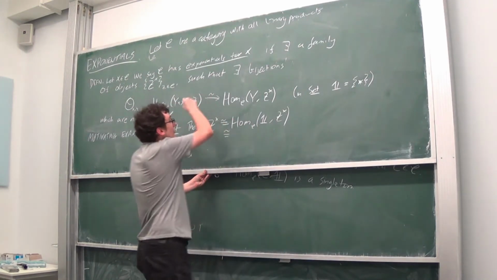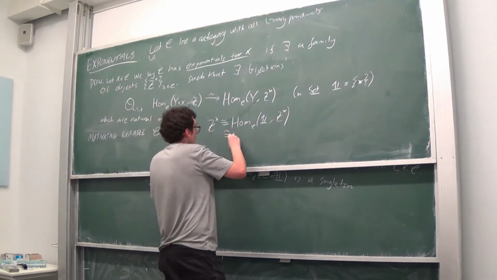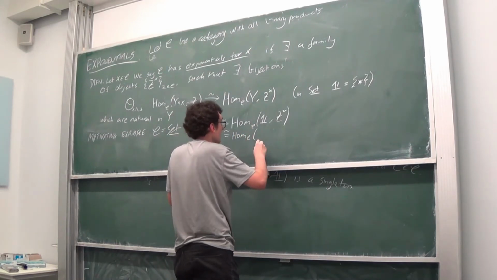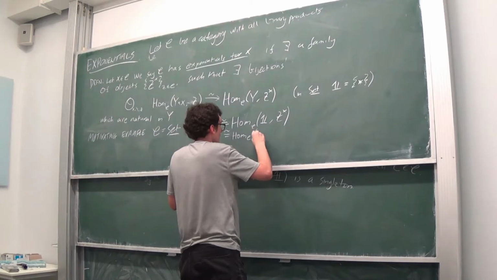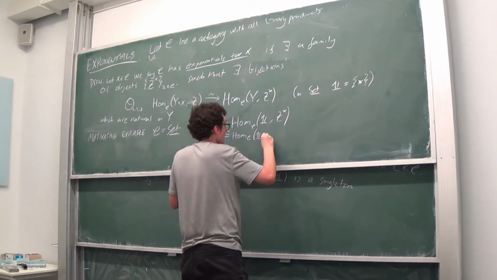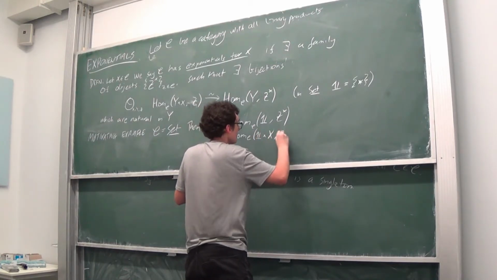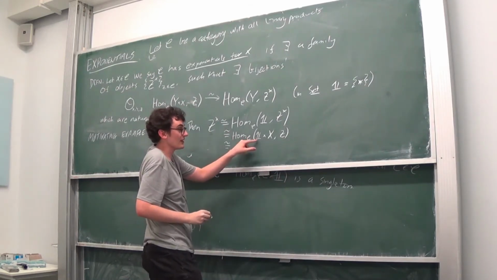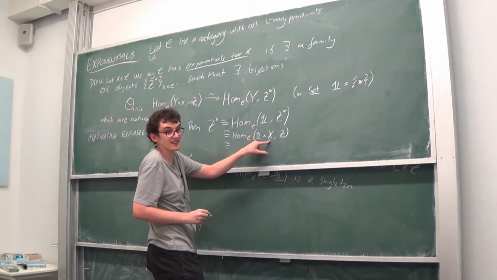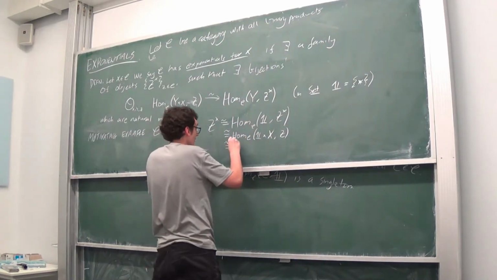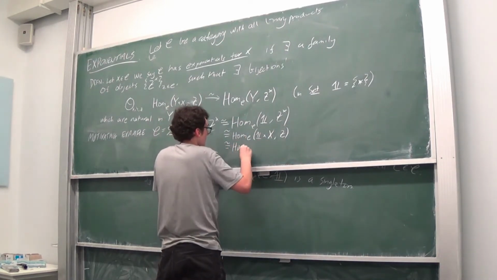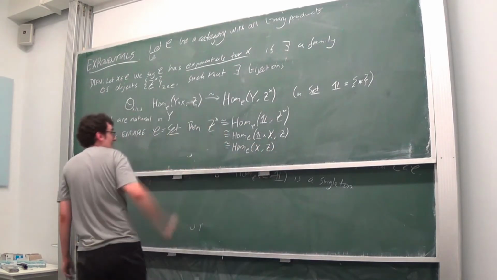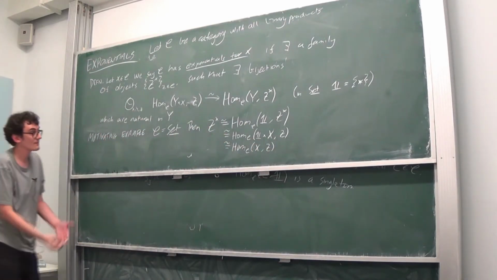But then by this above property, we must have Hom C of 1 times X to Z, which by properties of the singleton, well, clearly the singleton cross anything is just in bijection with X. So this is therefore Hom of X to Z. And so that's what Z to the X has to be defined as.